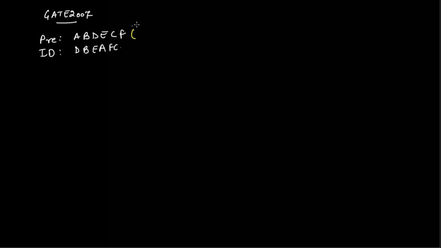In the pre-order, initially we are going to print the root, and then the left subtree, and then the right subtree. In case of in-order, initially we are going to print the left subtree, then the root, and then the right subtree. So in case of pre-order, the first element must be the root.